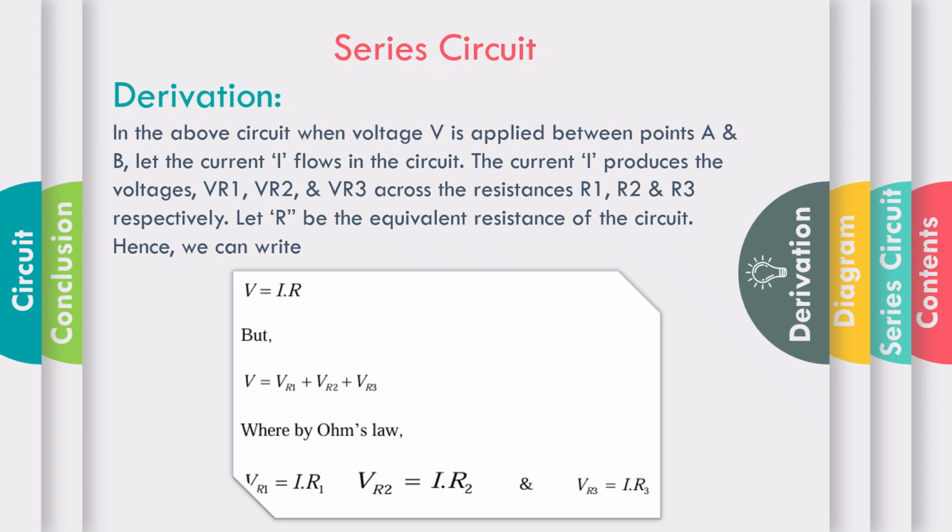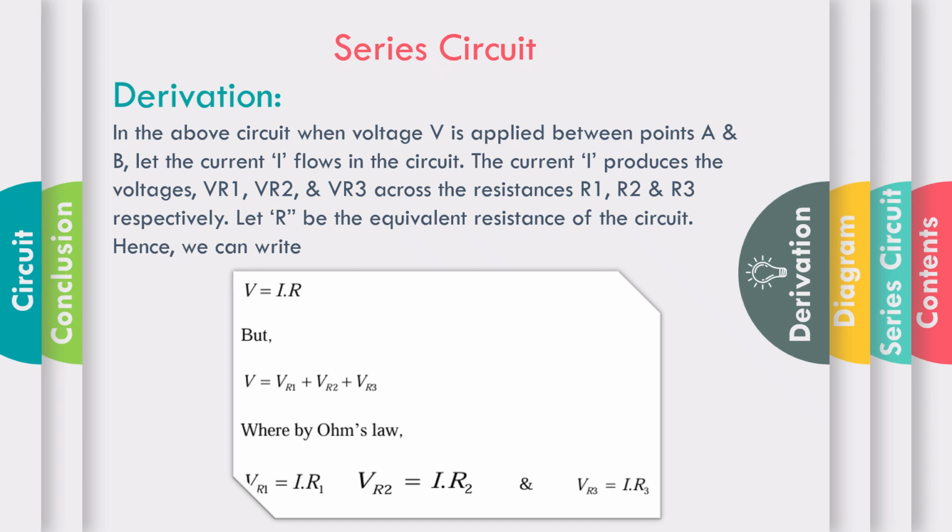Similarly, we can apply Ohm's law at each element of the circuit, that is R1, R2 and R3. At R1, we will get the equation VR1 is equal to I into R1, VR2 is equal to I into R2 and VR3 is equal to I into R3. These three equations are obtained from Ohm's law.